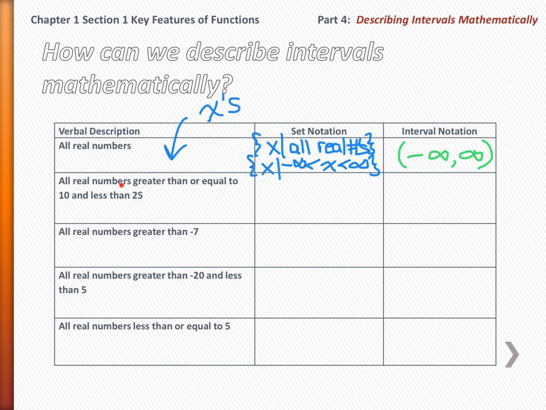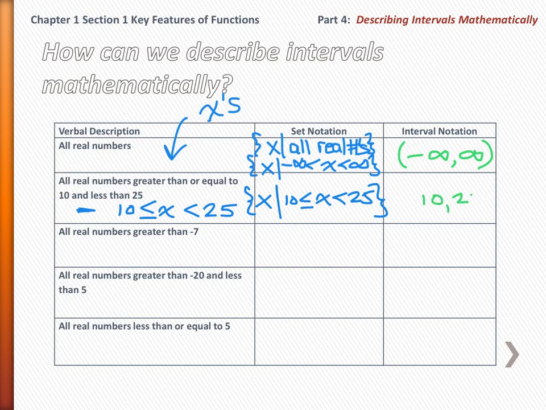Next example, we have all real numbers greater than or equal to 10 and less than 25. When you see that word and, you know you're talking about a conjunction. So we've got x values less than 25 and greater than or equal to 10. So we're going to have the set of all x values such that x is less than 25 and greater than or equal to 10. And in interval notation, our minimum is 10, our maximum is 25.